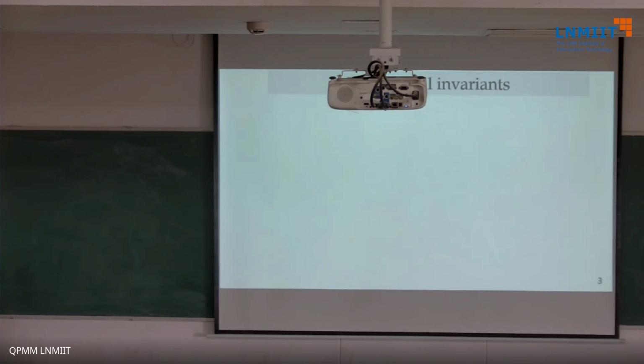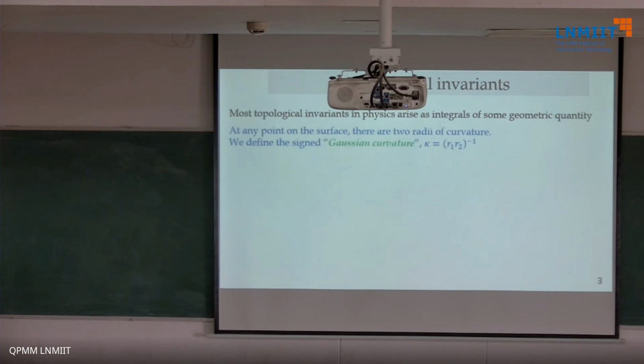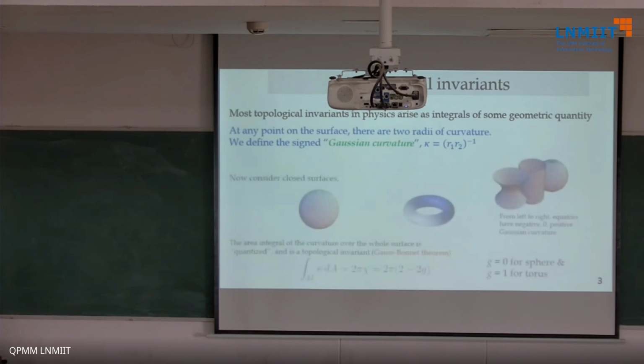If you really want to understand what these topological invariants are, let's look at this quantity called the Gaussian curvature, 1 by R1 R2, considered for these three different shapes. R1 and R2 are basically the radii of curvature at wherever you want to consider, say at the equator or at the middle point.